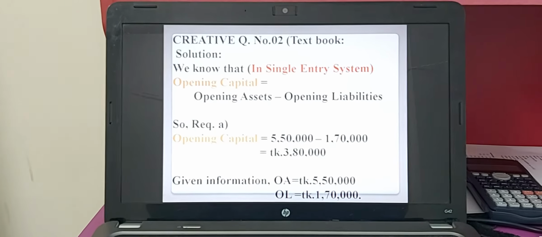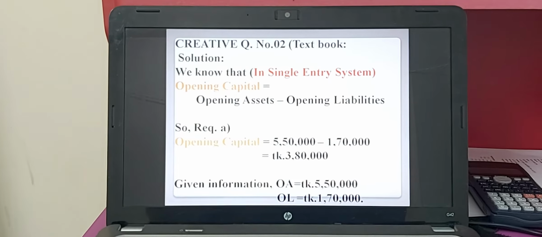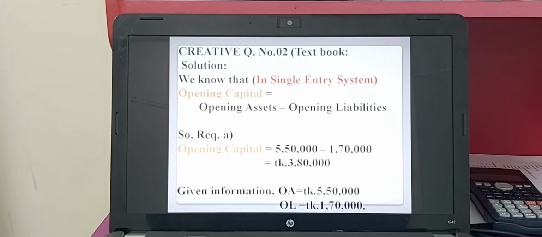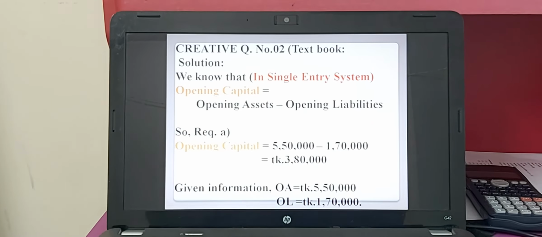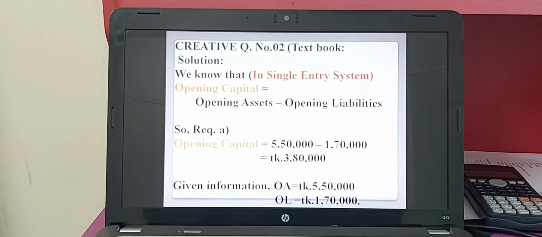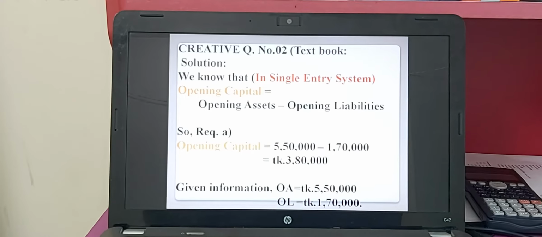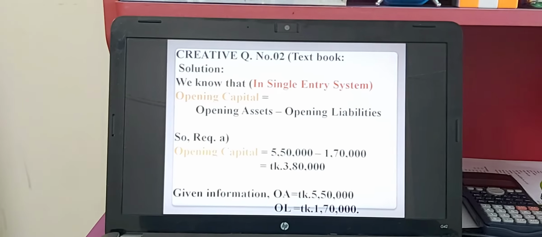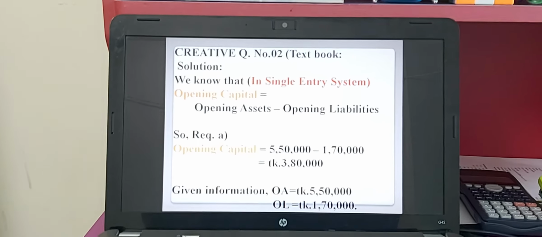Question number 2. Mr. Shahidul Islam does not maintain the books of accounts in double entry system. That is, he has followed the single entry system. His business is Riyadh Enterprise.